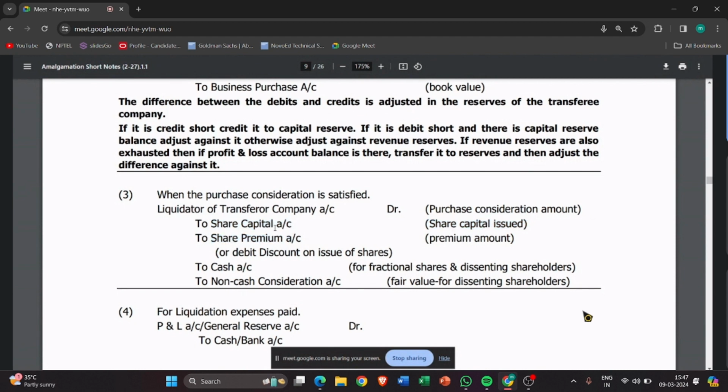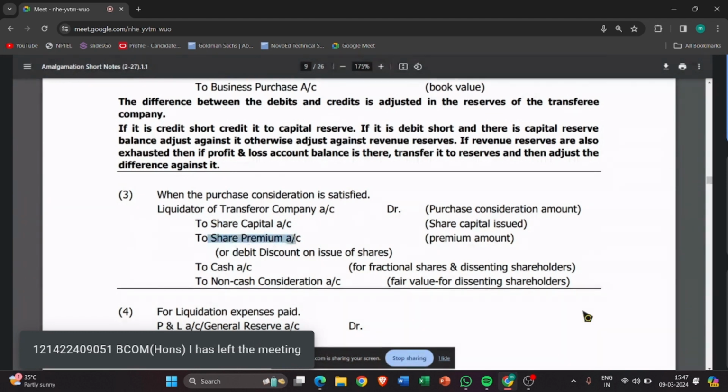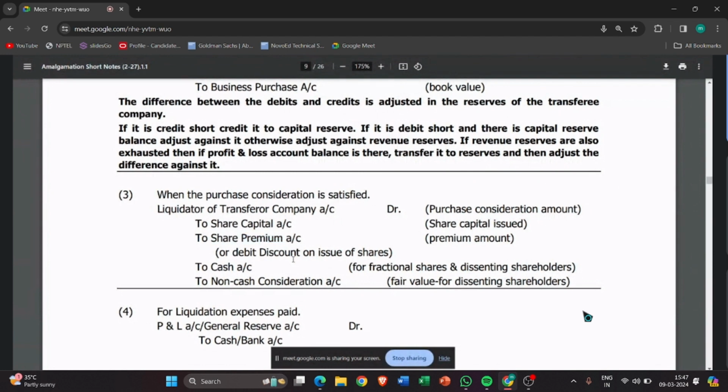If I issue them shares at par, that is at the same value itself, it will be written as to share capital. But in case shares are being issued at a higher price, that extra amount should be written to securities or share premium account.